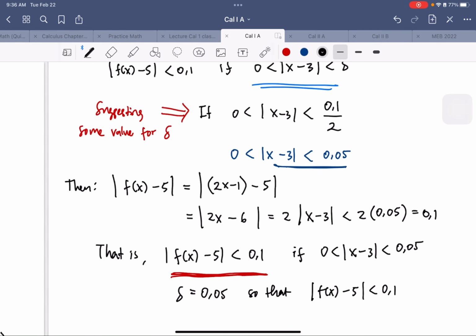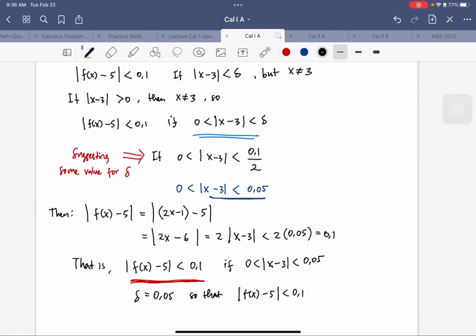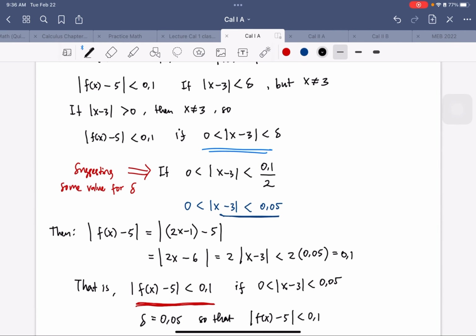Okay, so what we are doing here is we just play with the numbers. But without realizing, we are actually trying to prove how close the distance is from our limit and the value that we are assuming.